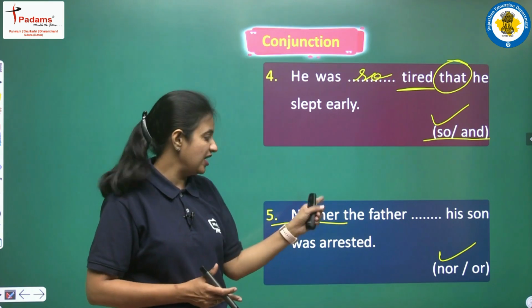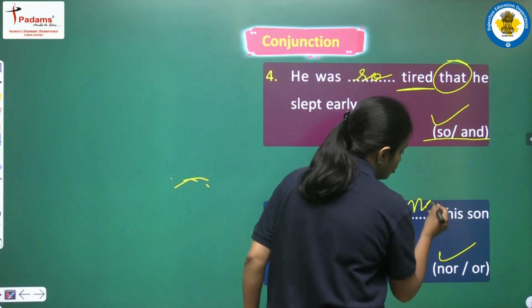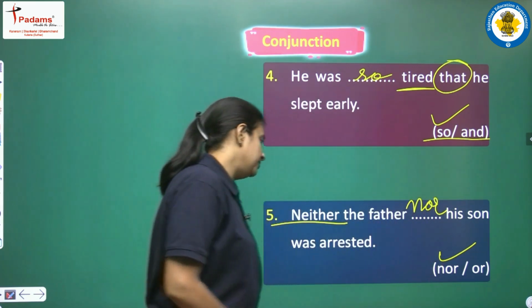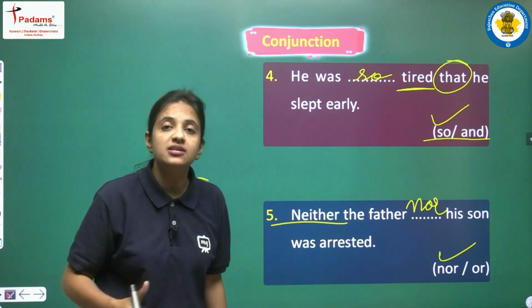a conjunction. So we are already given neither in the sentence. So now in this blank we will choose nor, and the complete sentence will be neither the father nor his son was arrested.